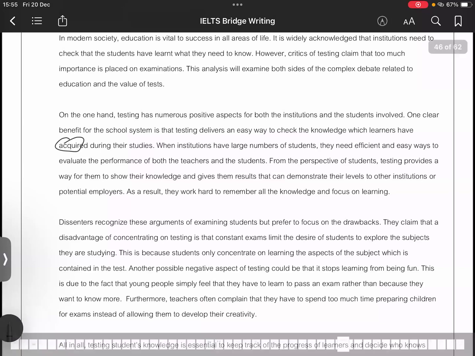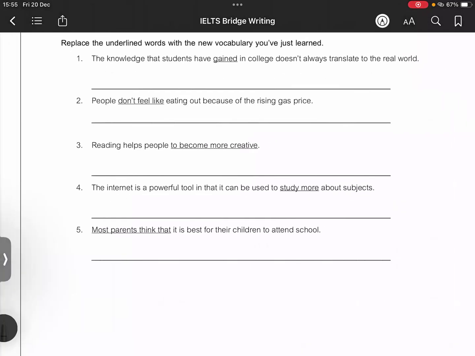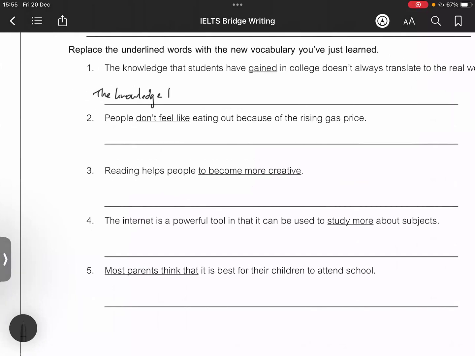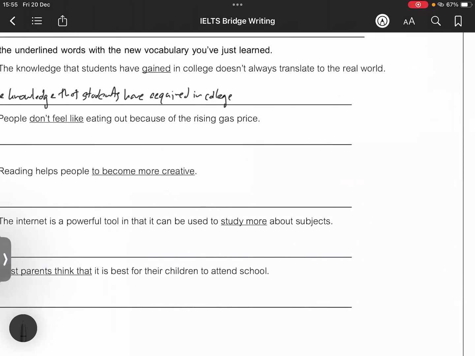Acquire. So that's what we can use here. The knowledge that students have acquired in college doesn't always translate to the real world.